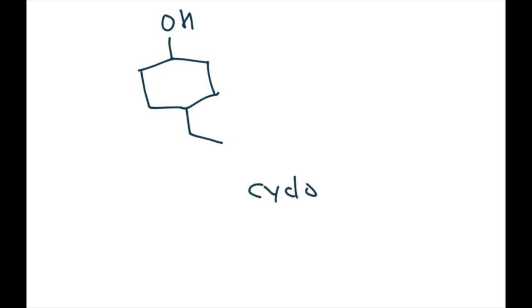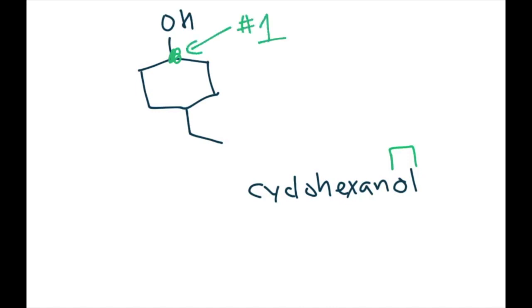So for example, say we had this, right? So this would be cyclohexanol. And I know, because I have this functional group here, that the carbon that functional group is on is carbon number 1.